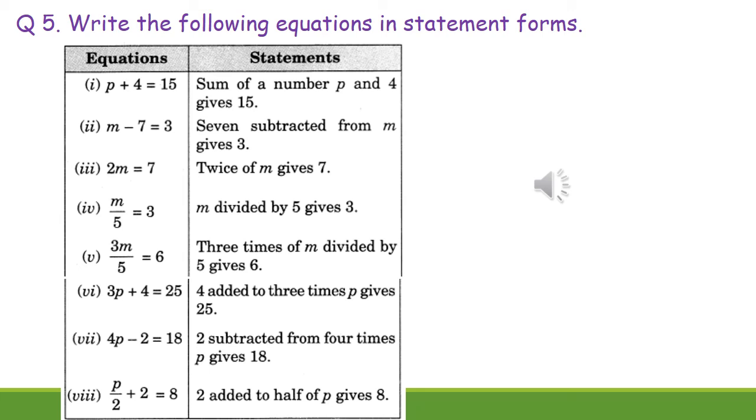Part 7, 4p minus 2 is equal to 18. When 2 is subtracted from 4 times of p, it gives 18. Next one, p by 2 plus 2 is equal to 8. 2 added to half of p gives 8.